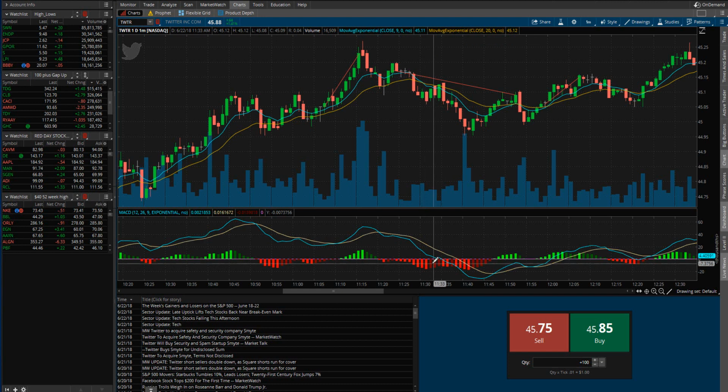And with these darker ones, and this is true for the green ones as well, you tend to find your lowest low for that price and your highest high for that price for whatever time period you're looking at.